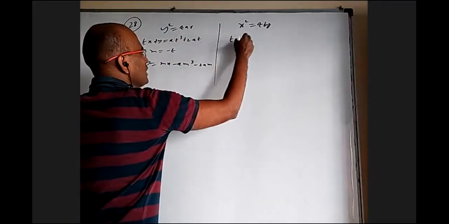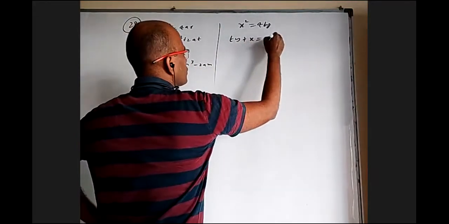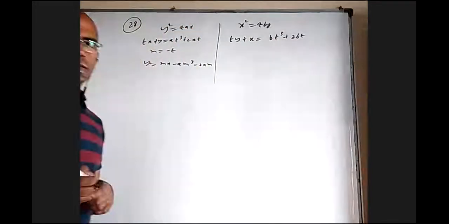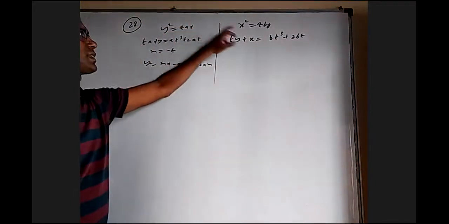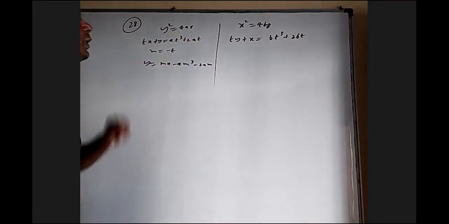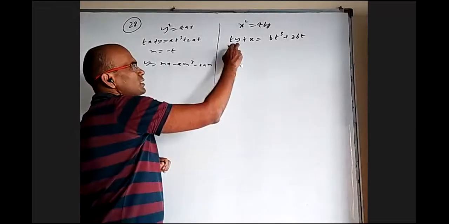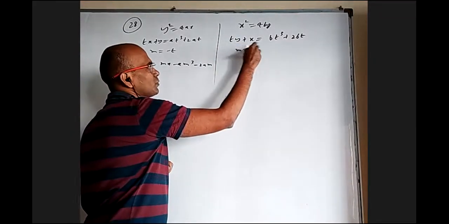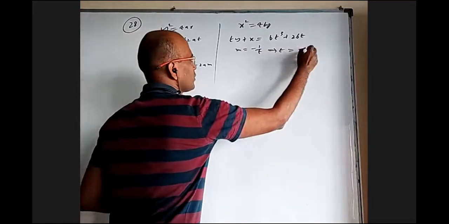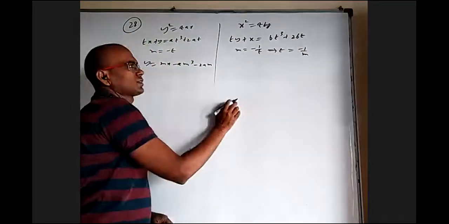So ty plus x is equal to bt cube plus 2bt. The difference between this and this is x became y and y became x and a became b. That's what I've done. Okay, but the slope of this is not t. Slope of this is actually minus 1 by t. So wherever t is there, I have to write minus 1 by m to get the general normal.